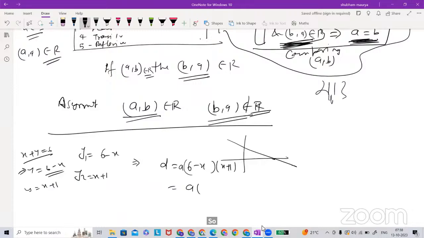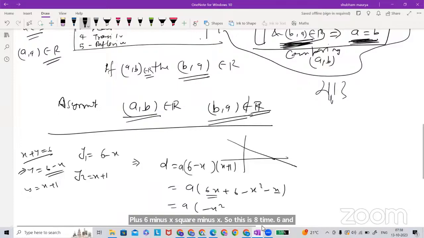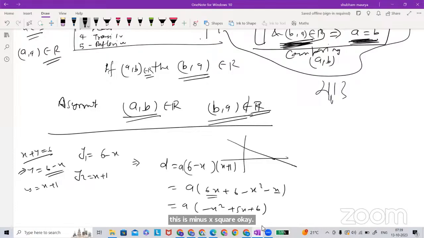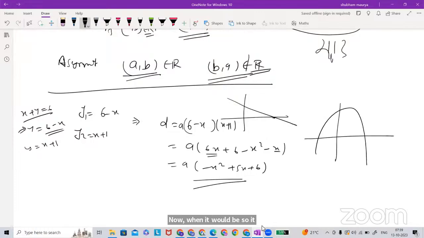Now this would be A times (6x plus 6 minus x square minus x), so A times (minus x square plus 5x plus 6). Now it is downward, right? Because A is positive, so here it will be maximum.